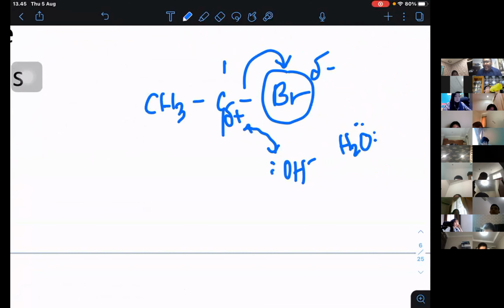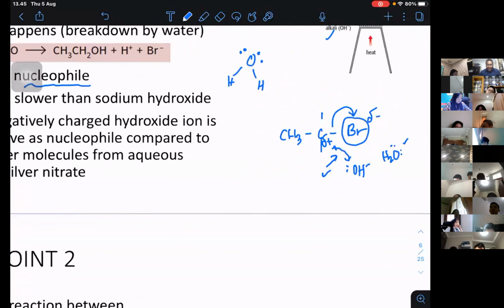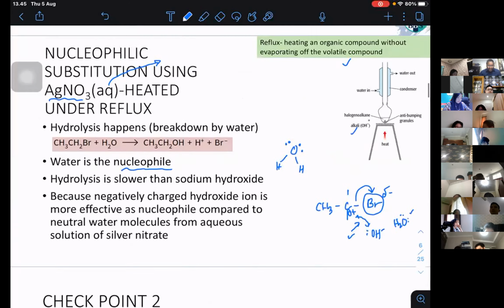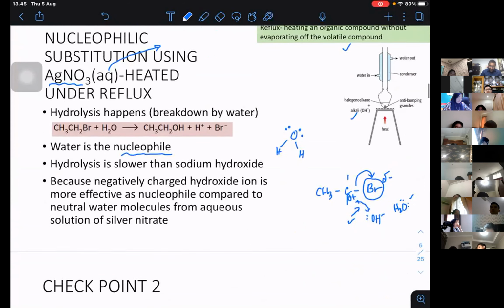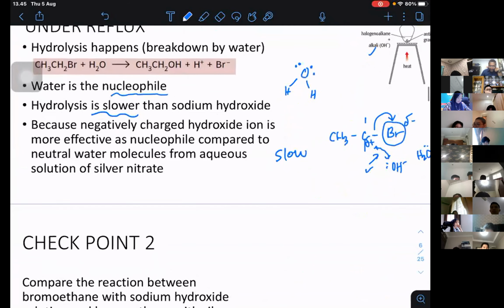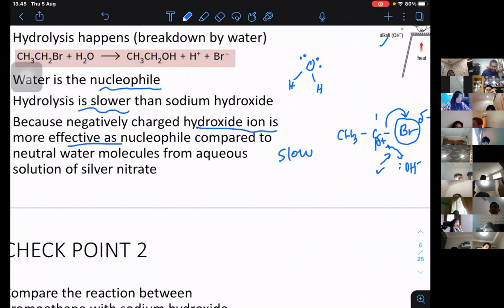Opposite charges attract, so this bond can be formed better compared to the bond with water. That is the reason why the reaction with OH minus is faster, and this reaction is slightly slower. Hydrolysis is slower than with sodium hydroxide because the negatively charged hydroxide ion is more effective as a nucleophile compared to neutral water molecules.